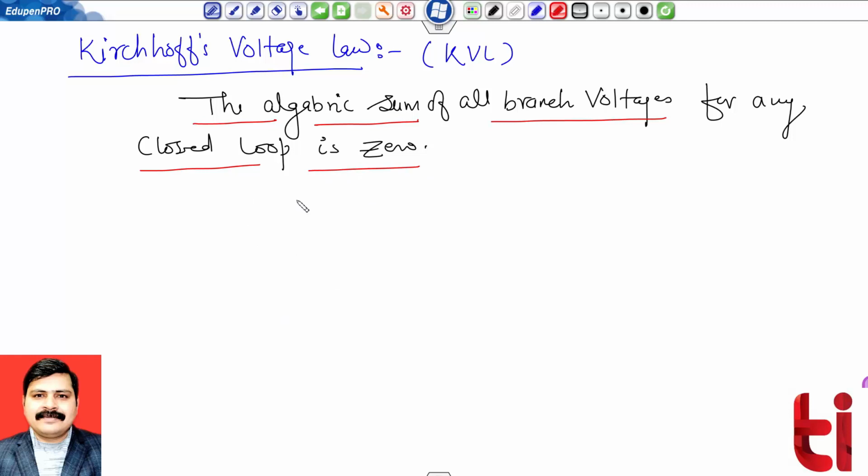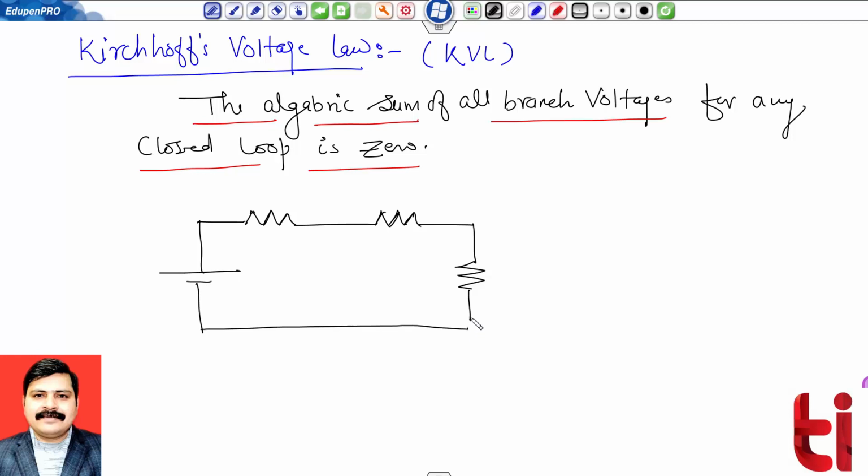So the idea will be clear with this circuit. You can check, I have connected one external battery, and say the value of the battery is E. These three resistances R1, R2 and R3 are connected, and suppose a current I is flowing through this circuit.